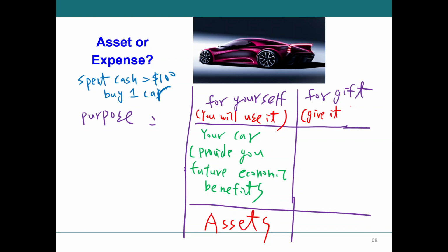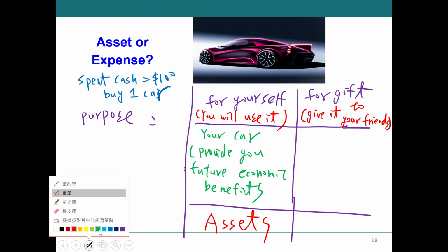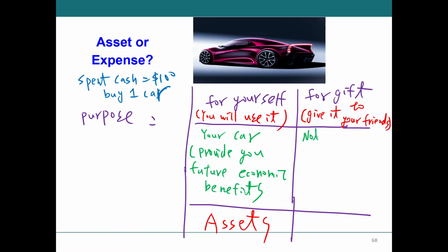For example, give it to your friends. Since you give it to your friends, it's your car? No more, it's not your car. It's your friend's car. So not your car. It's not your car. It's whose car? Your friend's car, not yours.